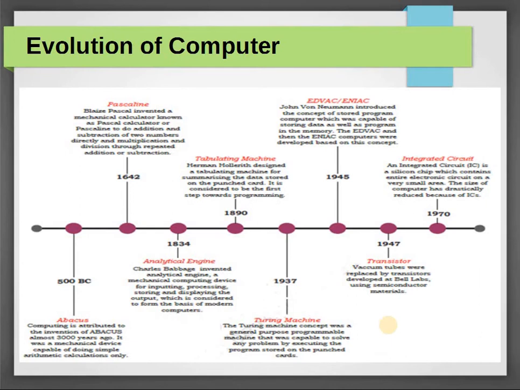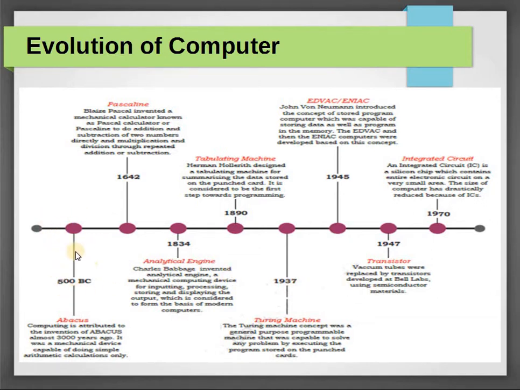So the next topic is the evolution of computer, that is, the history of computer, which we will study. So students, as we know, from a simple calculator to a modern day powerful data processor, all the computing devices have evolved in a relatively short span of time. So we will study the history of computer by this timeline in brief.